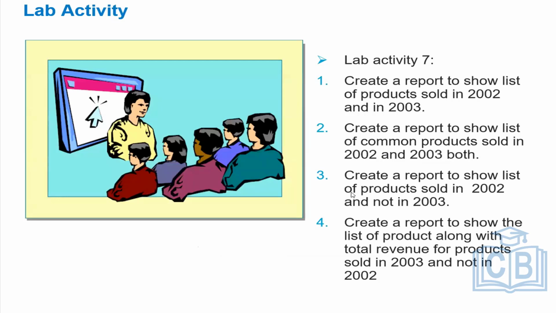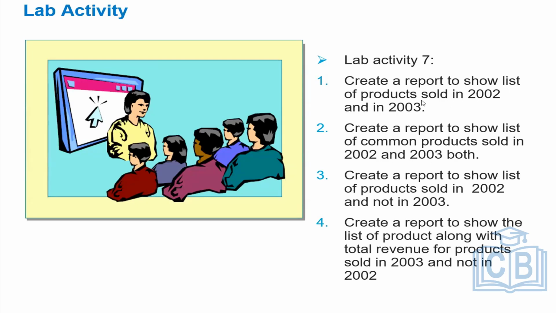This is the lab activity that we can do using inner and outer queries. First one: create a report to show the list of products sold in 2002 and in 2003. The second one is create a report to show the list of common products sold in 2002 and 2003.